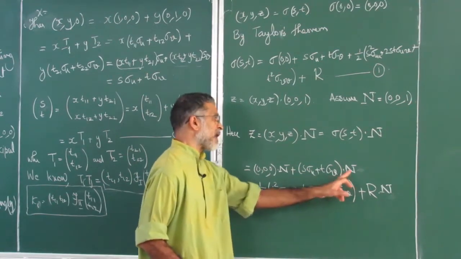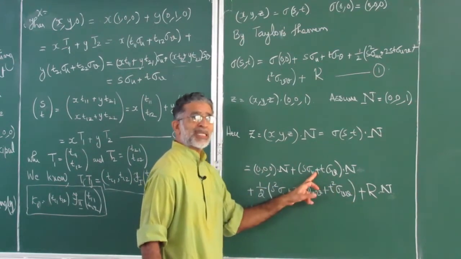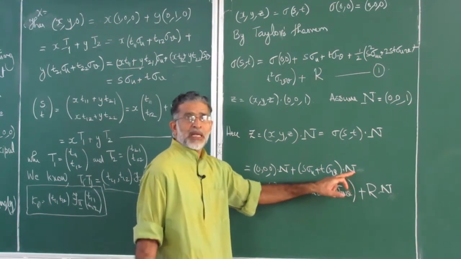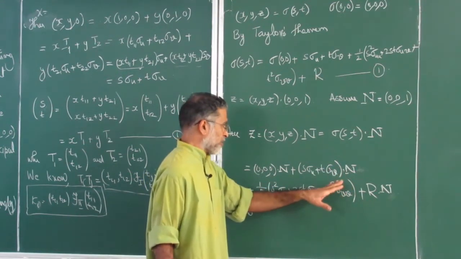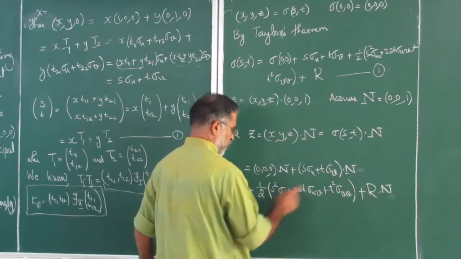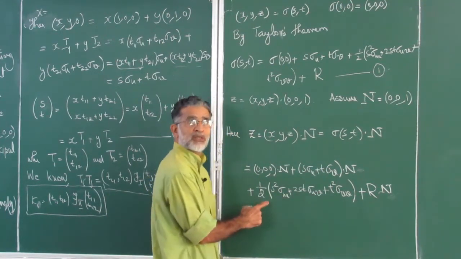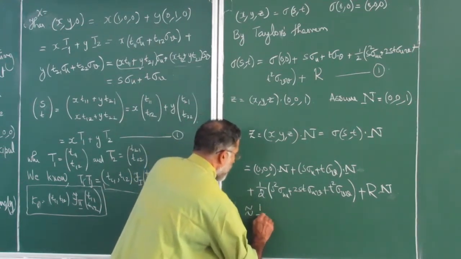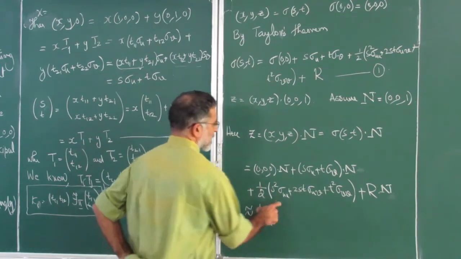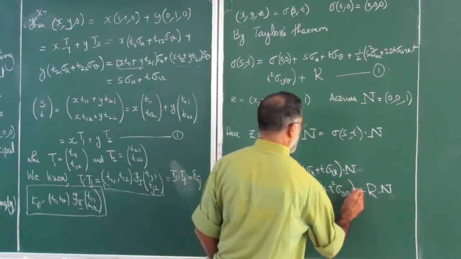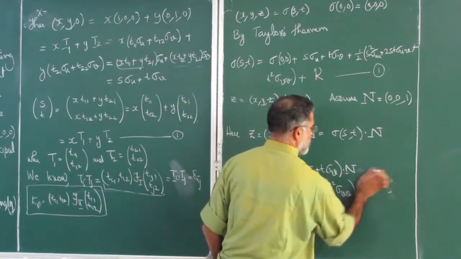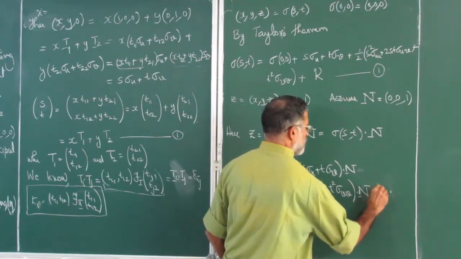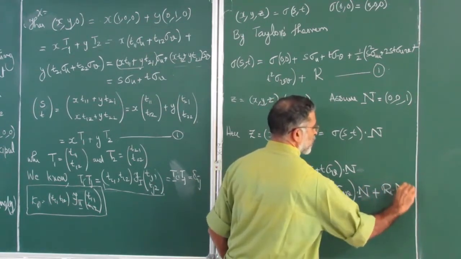S sigma u dot n is 0, because sigma u is a tangent vector and n is obviously normal, so this is going to be 0. So we have only left out this term. These two terms go, so that is equal to half. What is this going to be? Sigma uu dot, oh, I'm sorry, I forgot, n plus r dot n, I'm sorry.